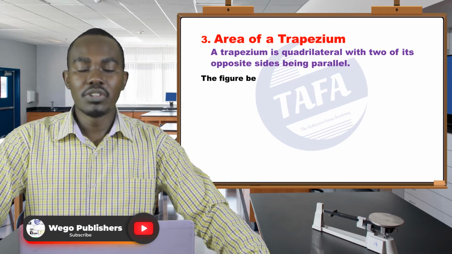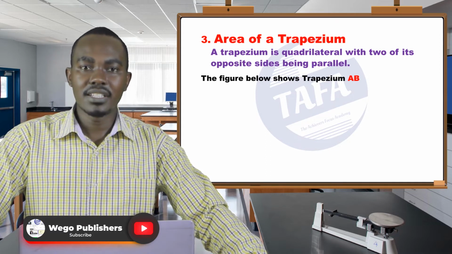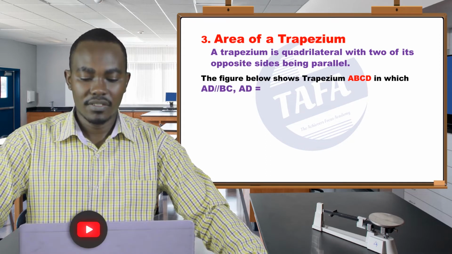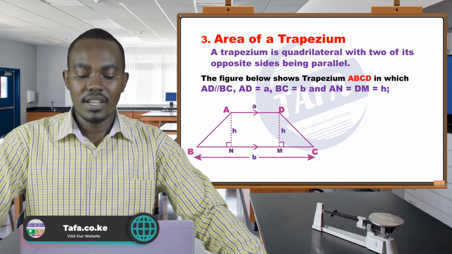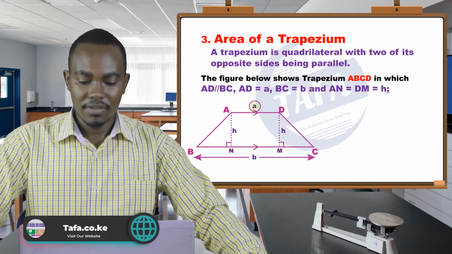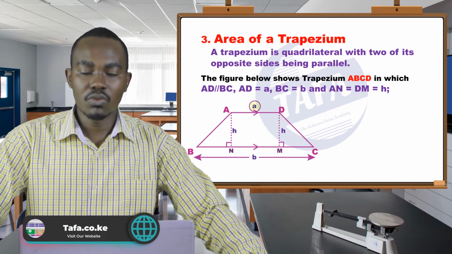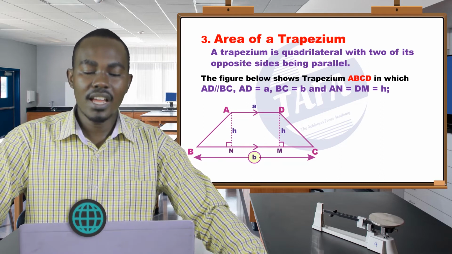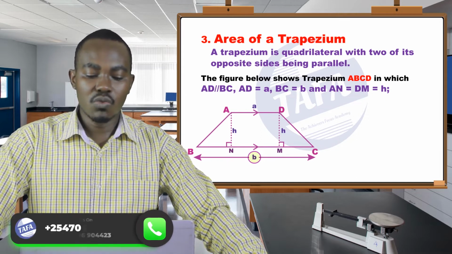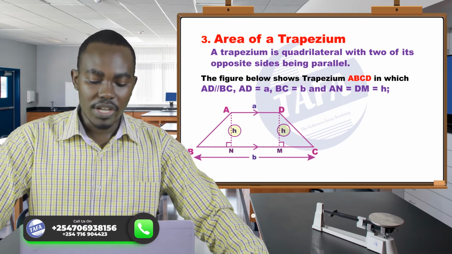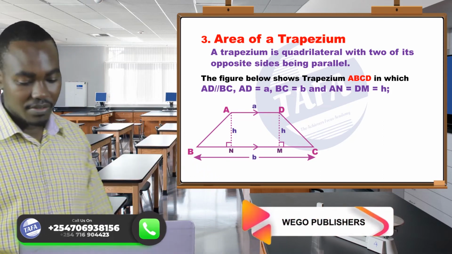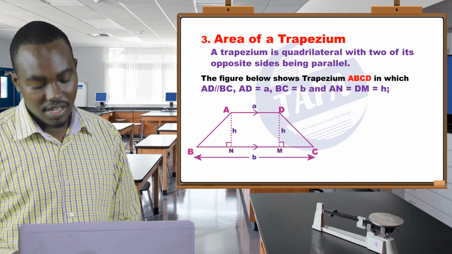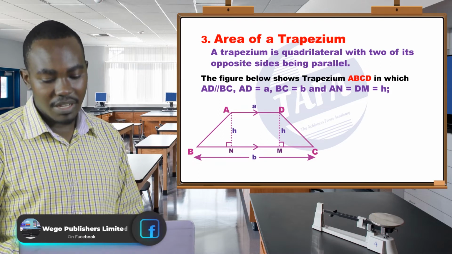So the figure below shows a trapezium ABCD in which AD is parallel to BC, AD is equal to A, BC is equal to B, and AN is equal to DM, which is equal to H. So we have the figure here, which is clearly showing all those measurements.